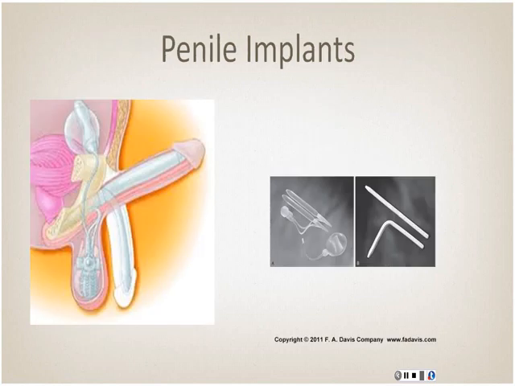This can be a solid or fluid-filled type of chamber that is surgically placed into the penis, and then there are some that are inflatable and some that are non-inflatable, but basically the implant will help or will create erection. And then again, vascular surgery can be things like bypass grafts that can be done to increase blood flow to the penis, or it can be used to go around a blockage.